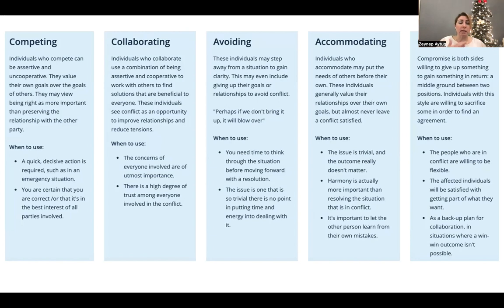The second time where we can compromise is after you try to collaborate as much as you can. You're talking and you're sort of stuck. There's no way to enlarge the win-win aspect of this conflict resolution. We can just say, oh, you know what? Let's just meet in the middle and move on because this is taking too long.